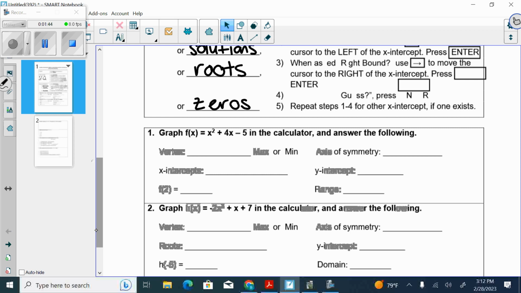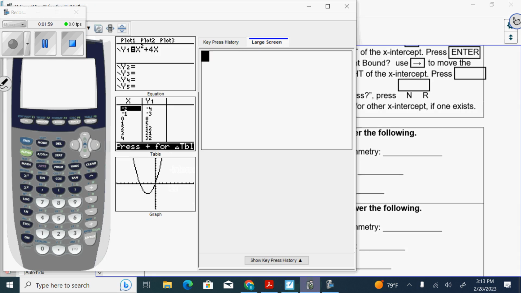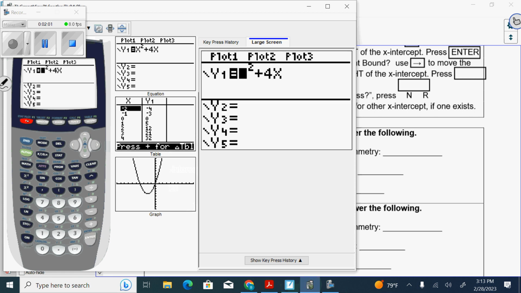Okay, so no matter what I'm looking for, the first thing I have to do is graph it, right? So, for number 1, this is the equation that I'm going to type into y equals. So I need everybody to grab their calculator. And we're all going to go to y equals. And in y equals, we are going to type in that first equation.